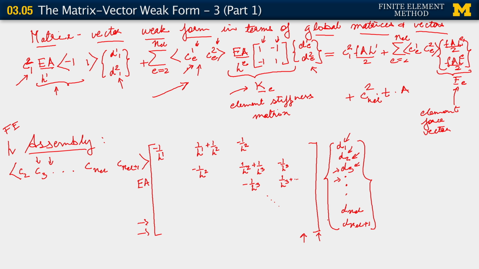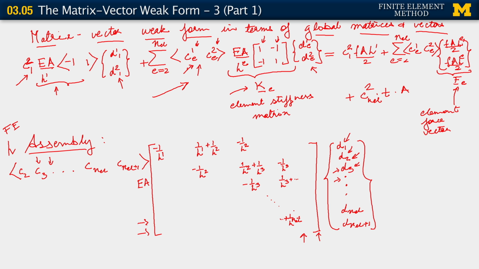The last but one element is going to contribute a term on the diagonal here, which will be 1 over H NEL minus 1.